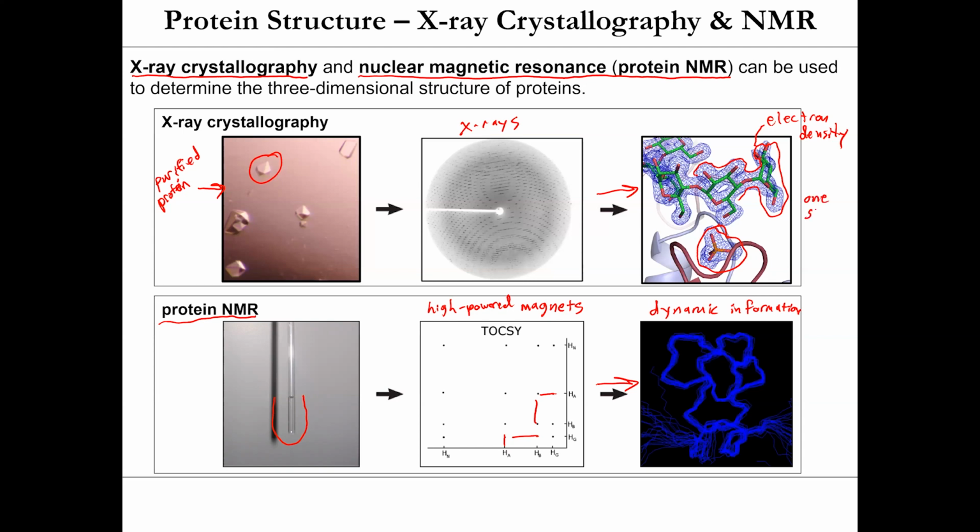But as you know, enzymes move around, they're dynamic, and so protein NMR is another method. You don't need to know details about X-ray crystallography or NMR, but these are two of the most common methods used to determine the three-dimensional structure of proteins, and thus they are very important methods in biochemistry.